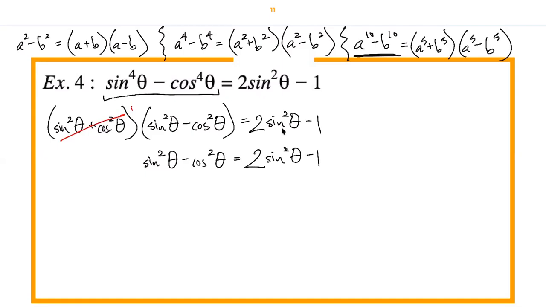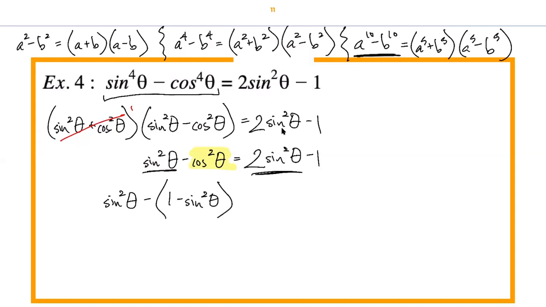All right. We're going to keep the sine squared, okay? We're going to keep this sine squared because in looking at the other side, we have a 2 sine squared. And instead, what we're going to try and do is say, how else can I rewrite cosine squared? So instead of cosine squared, I'm going to write that as 1 minus sine squared.